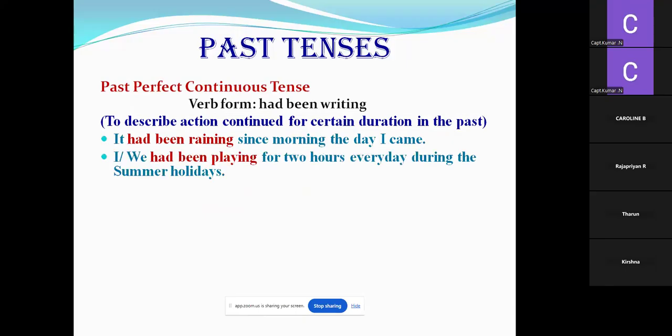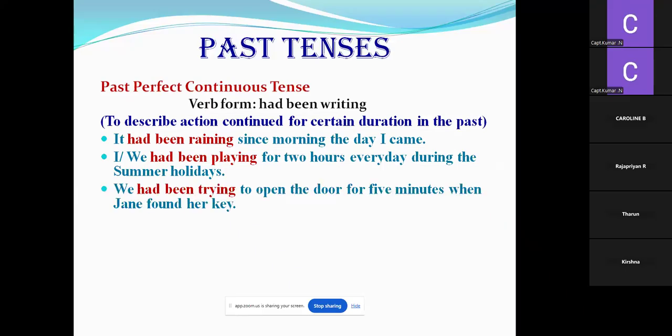Let's see the examples. It had been raining since morning the day I came. So the day I came is also in the past, and on that day, it had been raining since morning. So for a certain duration of time, that rain had been going on. We had been playing for 2 hours every day during the summer holidays.